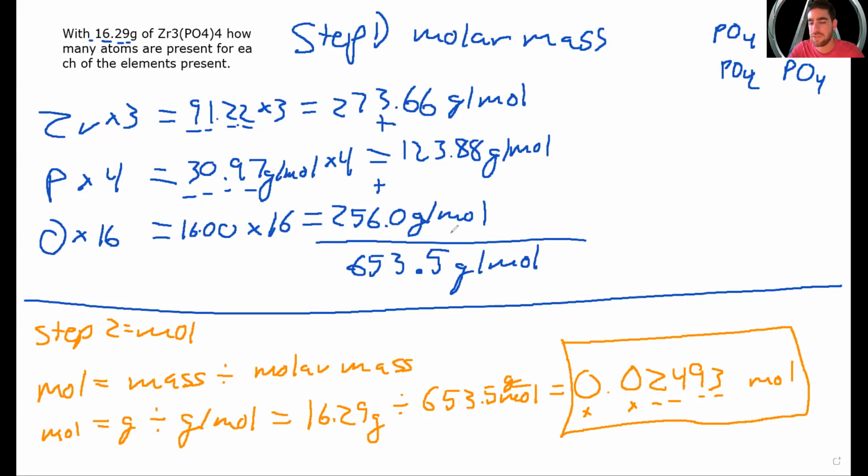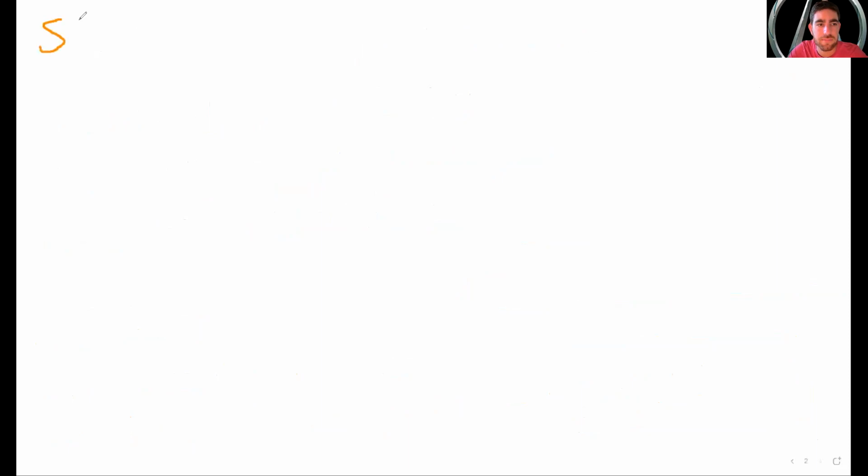And so I'm going to open a new tab or a new whiteboard, and we will be able to move on from there. So step 3 is find moles of each element.